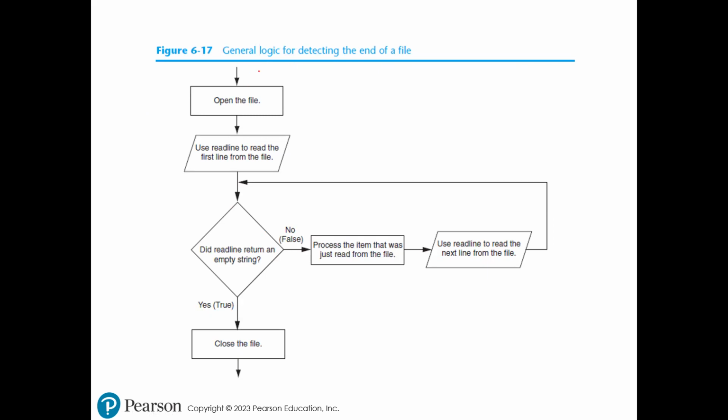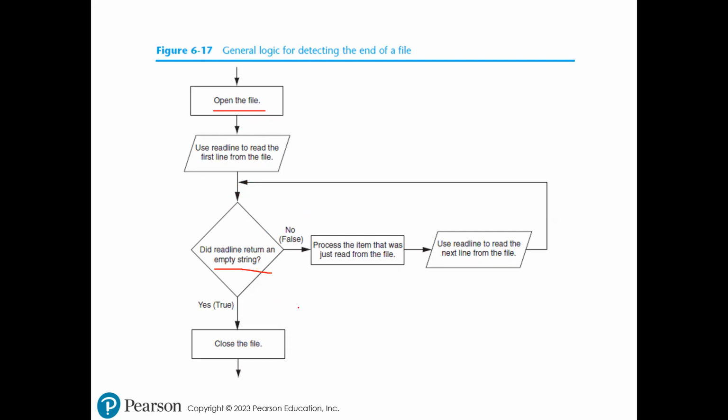This is the flowchart for how to retrieve all of the contents of a file. So first, we're going to open the file. Then after that, we're going to use readline to read the first line from a file. Again, remember that readline is a method that exists in Python for us to read just one line from a file. So we're going to read just one line, and then we're going to check if the readline returned an empty string.